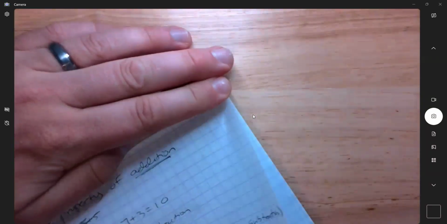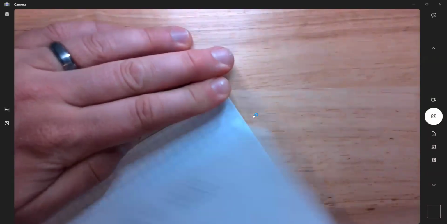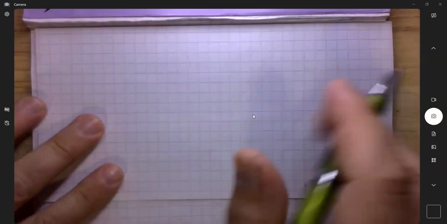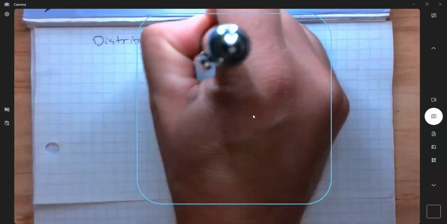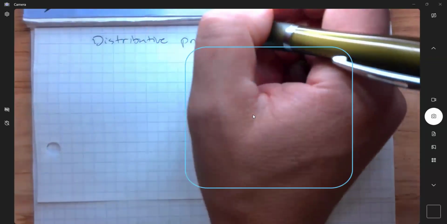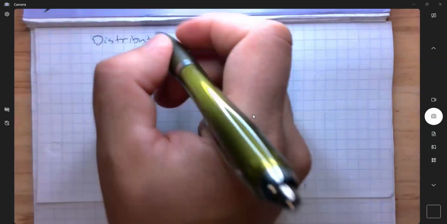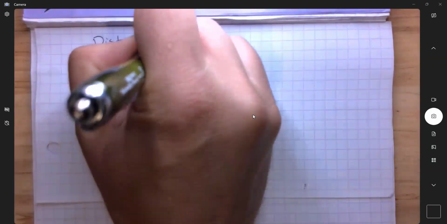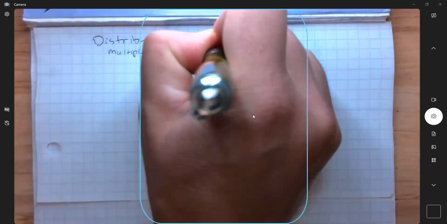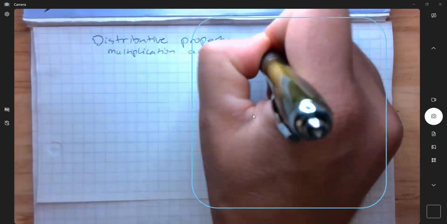Okay, so we have the commutative properties and the associative properties. There's one other very important property, and this one tends to be the tricky one, and it is called the distributive property. And distributive means multiplication across parentheses.